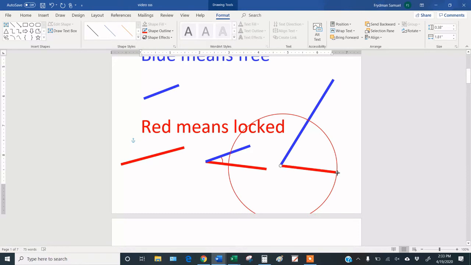And you have to make sure that as you're rotating it, you do not leave the circumference of the circle, right? By doing that, we're making sure that the red line stays the same size the whole time, even though we are changing the angle in between the two lines.